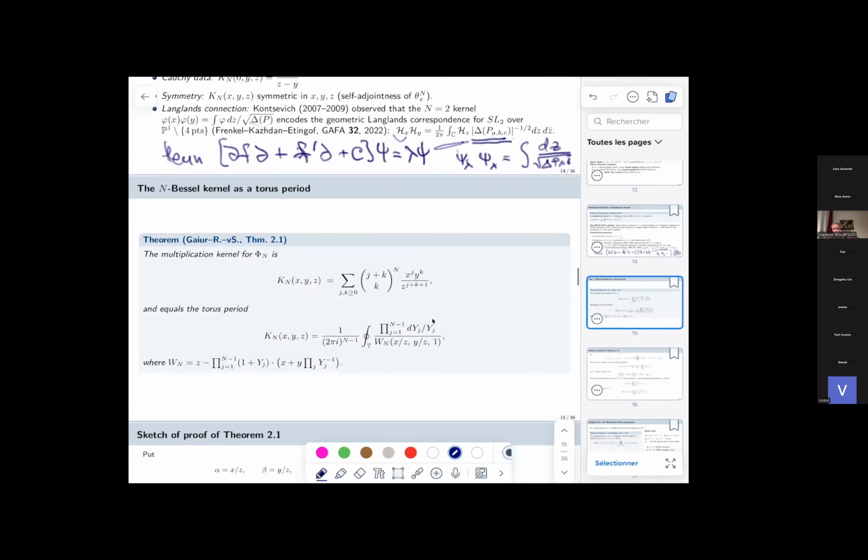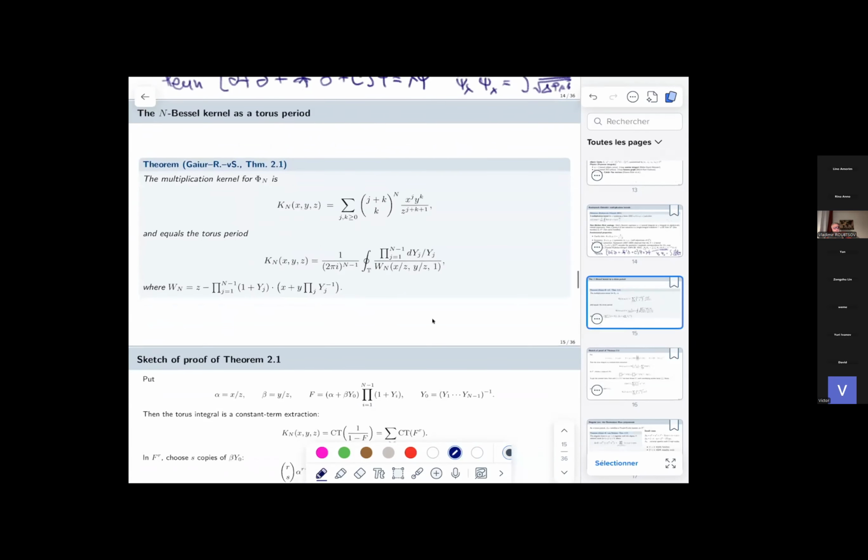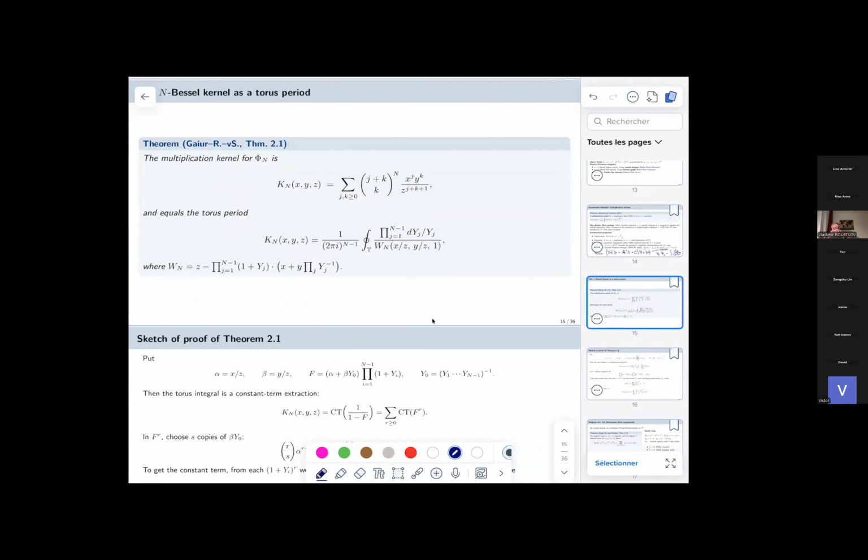Okay, now, Jan, this is what I promised to tell you. Let's consider the multiplication kernel for phi n. This multiplication kernel has the following series in three variables, x, y, and z.